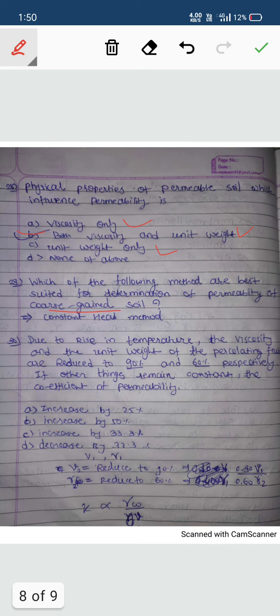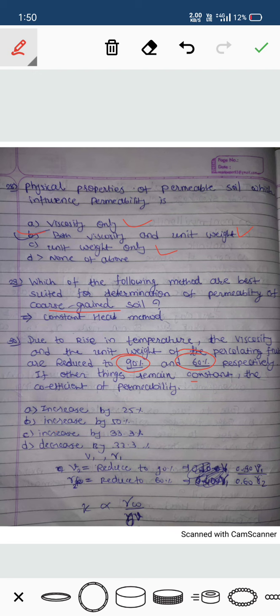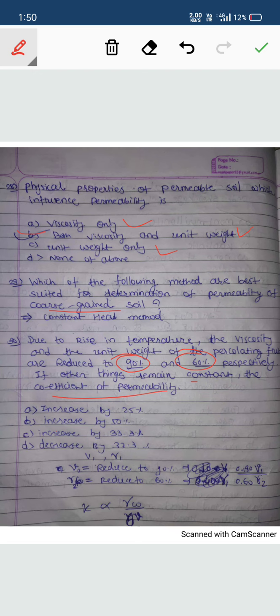Due to a rise in temperature, the viscosity and unit weight of the percolating fluid are reduced to 90% and 60% respectively, other things remaining constant. The coefficient of permeability depends on these two, directly proportional to unit weight of the fluid and inversely proportional to viscosity.